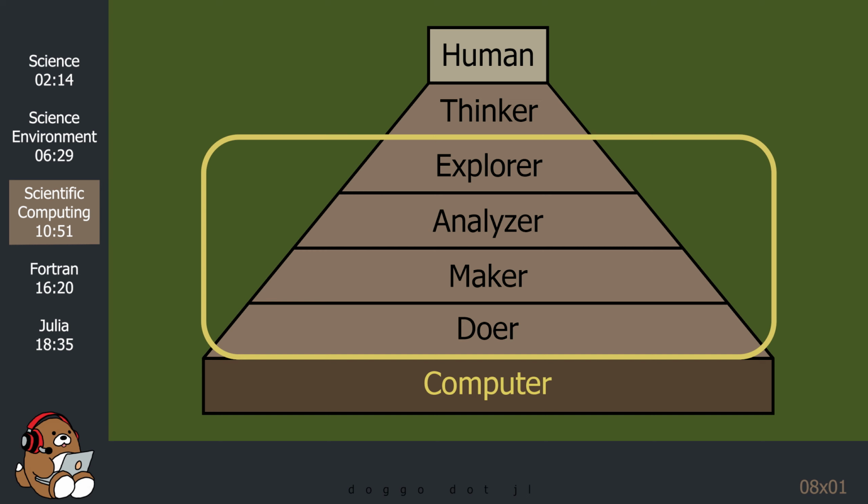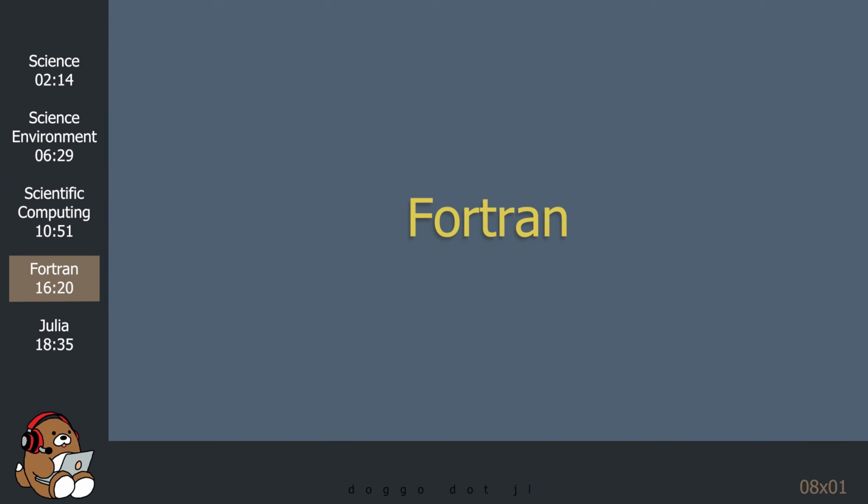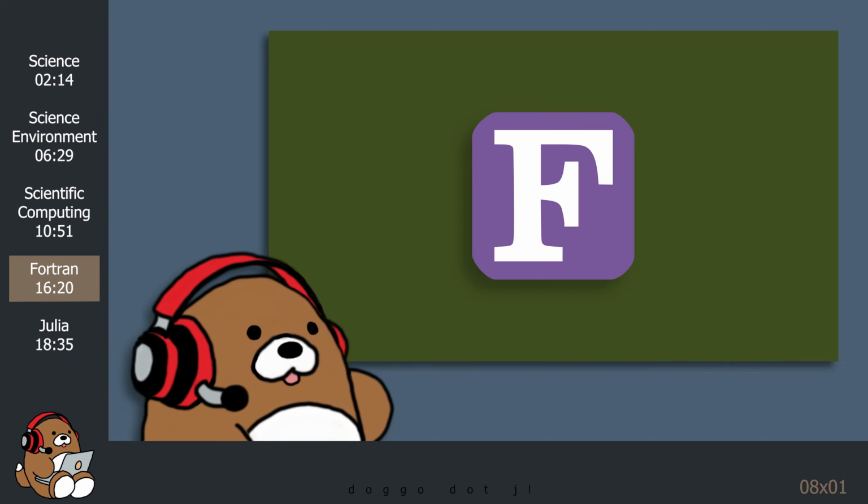Once you've decided to take the plunge and pursue scientific computing, the next question is, what programming language to use? When considering various scientific computing languages, at some point you will no doubt encounter a language called Fortran. Fortran is the oldest programming language that's still in use today.